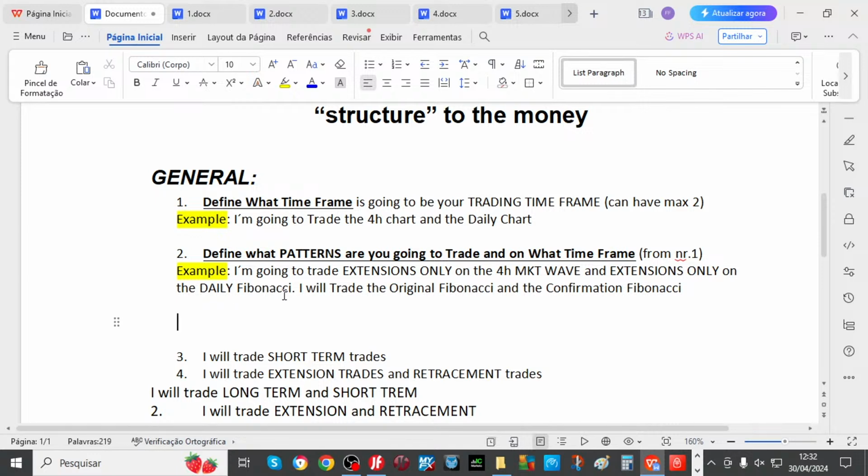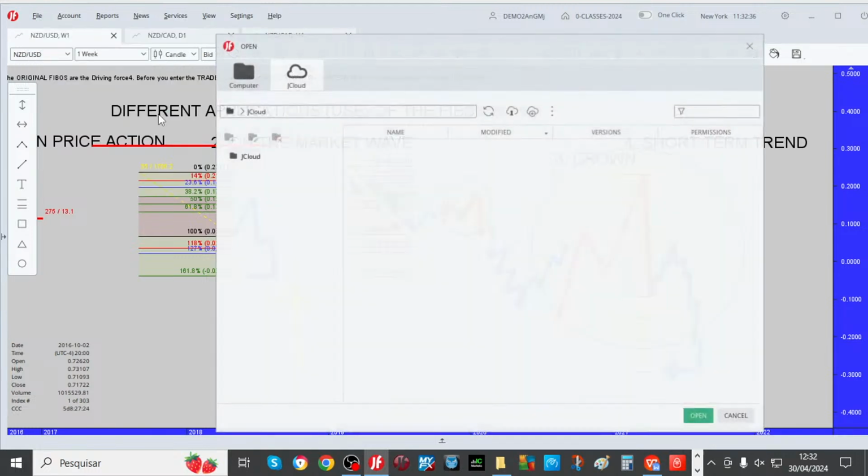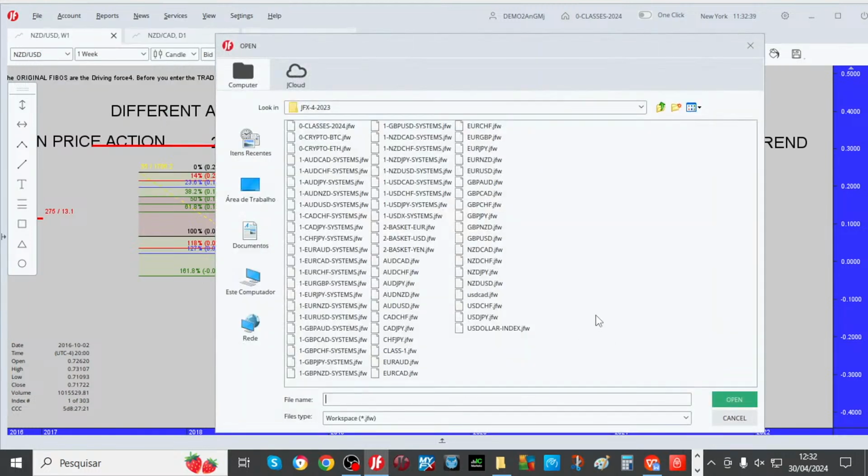All right. So I need to find the real Fibonacci, everybody. So I need to go. No, this is just an example.